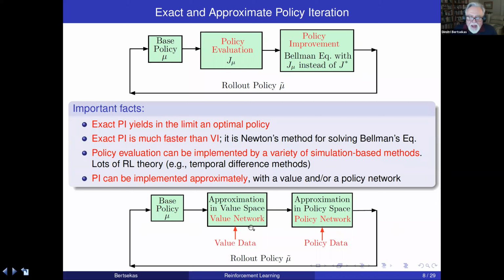Okay. Now, having to train a neural network or other approximation architecture with data means offline training. You can't use this type of algorithm online. You have to train offline and use the last policy that you get in an approximation in value space scheme for online play.